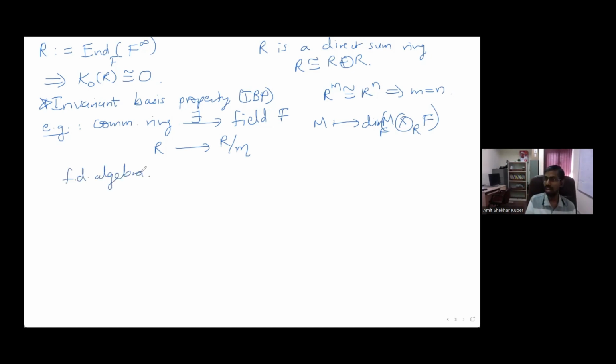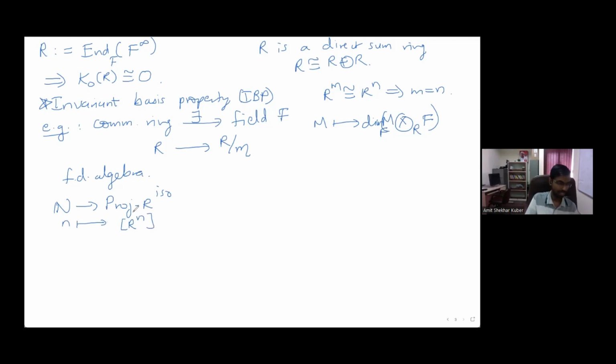And why is IBP important in algebraic K theory in the first place? Because there is a map from the natural numbers to the isomorphism classes of projective modules. You send a natural number n to the class of R to the power n.